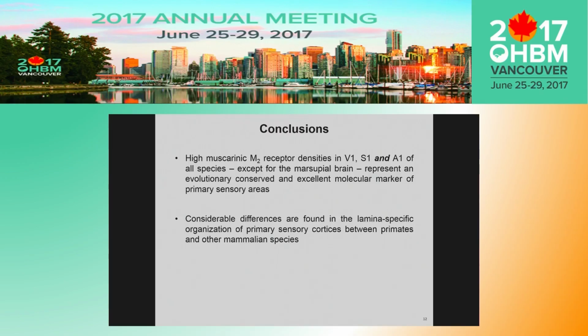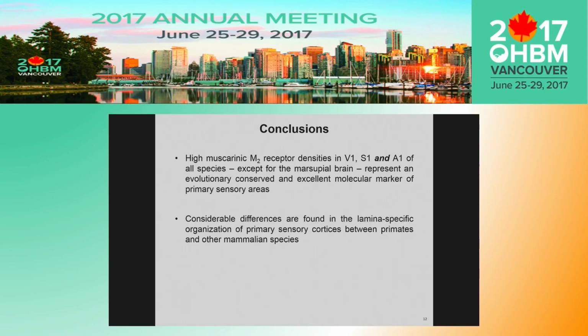So in conclusion, we can say that the high muscarinic M2 receptor densities in primary sensory areas, in the primary visual, auditory, and somatosensory cortex of mammalian brains, is an evolutionary conserved aspect which enables us to identify these areas due to its considerably higher densities in the primary sensory areas of eutherian brains and its lower densities in the marsupial brains.